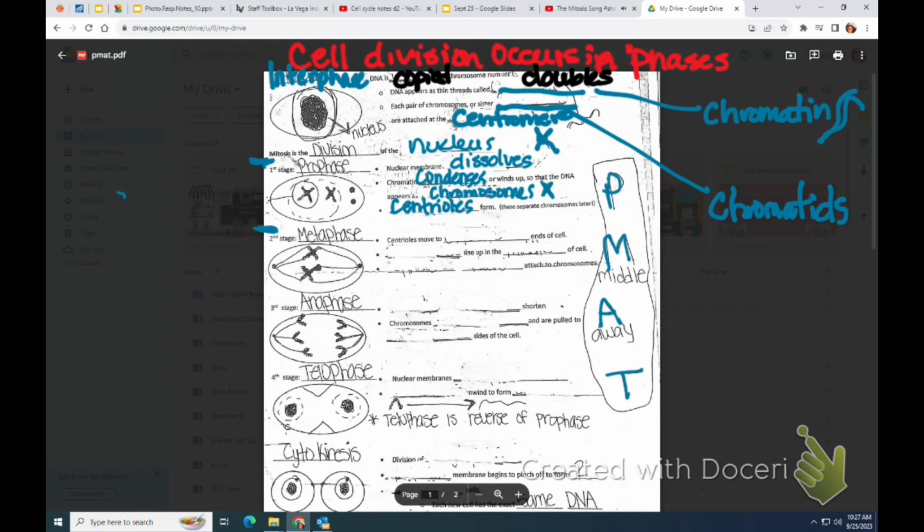Centrioles move to opposite ends of the cell. Chromosomes line up in the middle of the cell.